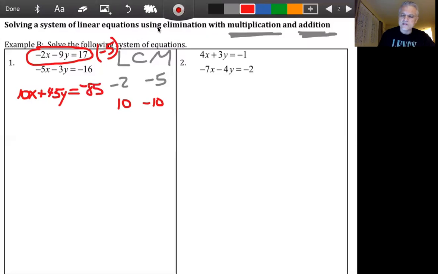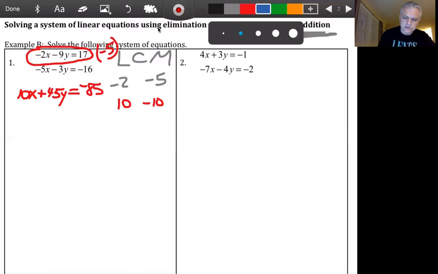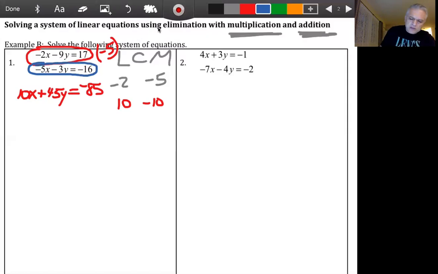Okay, so I've rewritten the first equation, and I used red. Let's rewrite the second equation. Let's use blue. I would like this one to have a negative 10x, so that if I add the two equations, the two opposites will add together to give me 0, and that'll eliminate my x. How did I go from negative 5x to negative 10x?